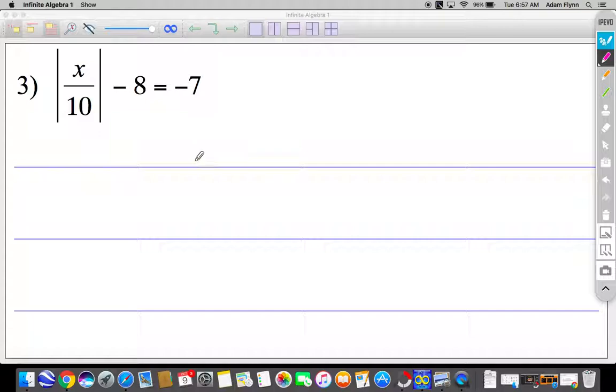Okay, this one's a little different. So for this absolute value equation, the side that has the absolute value portion has this -8 attached to it. So to start off, I will add 8 to both sides in order to get the absolute value portion by itself.